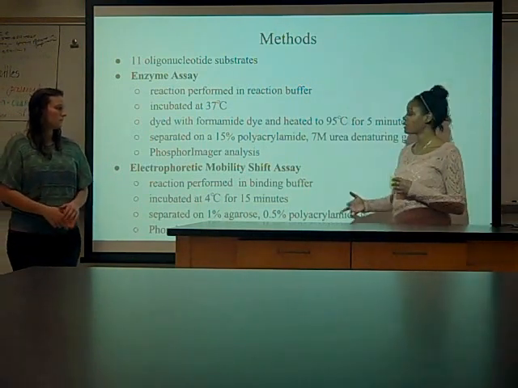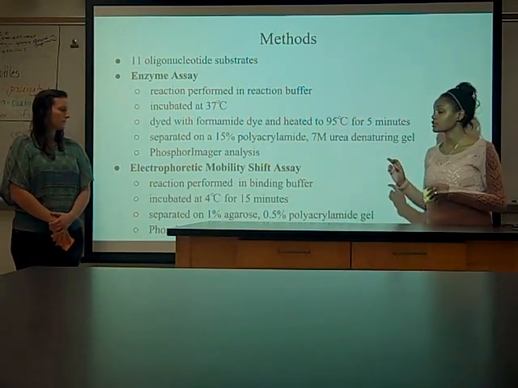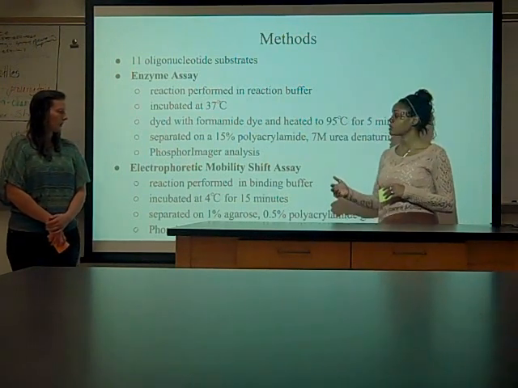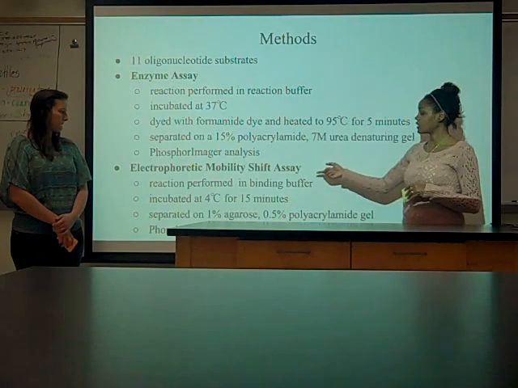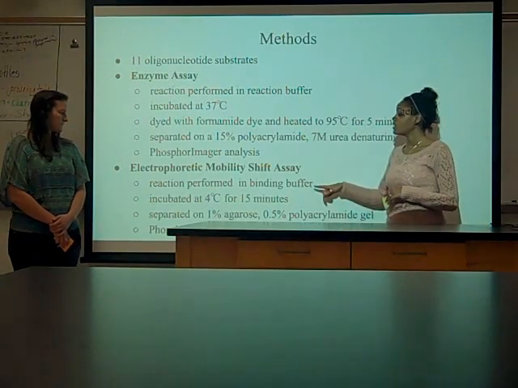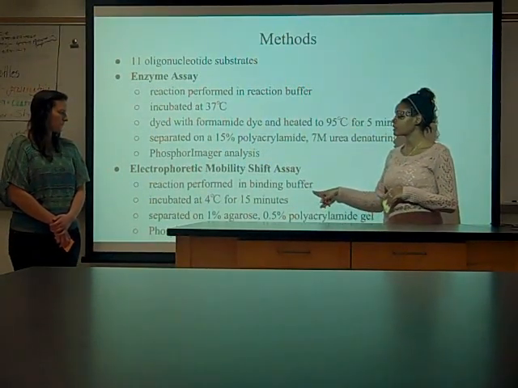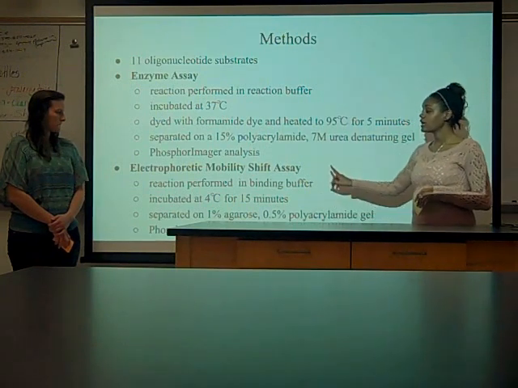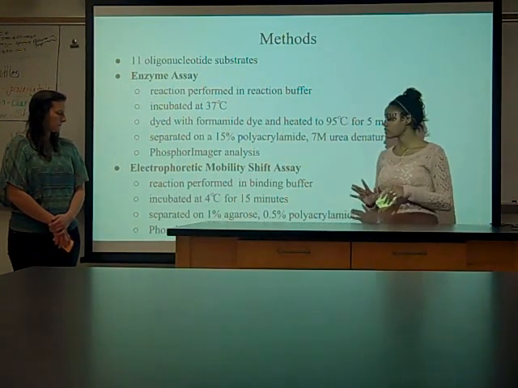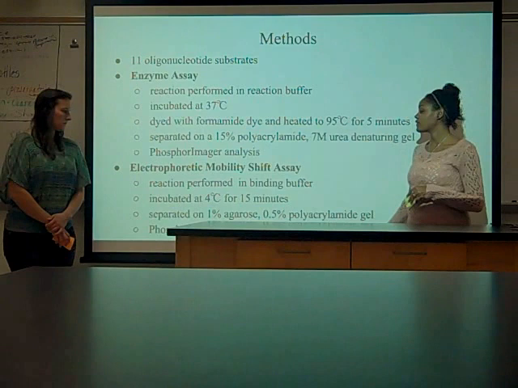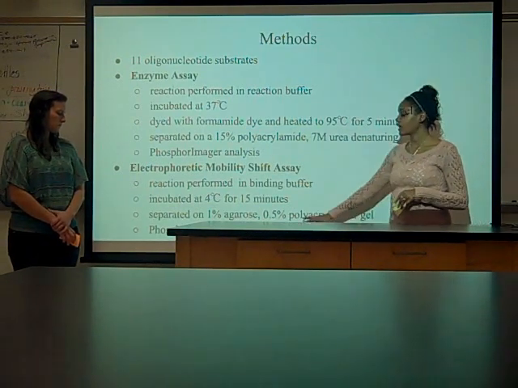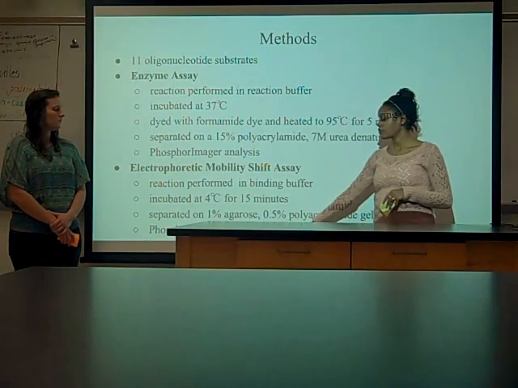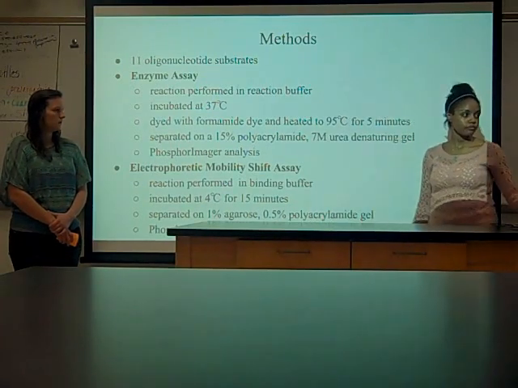They separated it on a polyacrylamide and urea denaturing gel, and they studied the products using a phosphorimager analysis. And then they also used the electrophoretic mobility shift assay. They completed the reaction in a binding buffer, incubated around 4 degrees Celsius for about 5 minutes, and then they separated it on an agarose and polyacrylamide gel, and they looked at the products using a phosphorimager analysis.